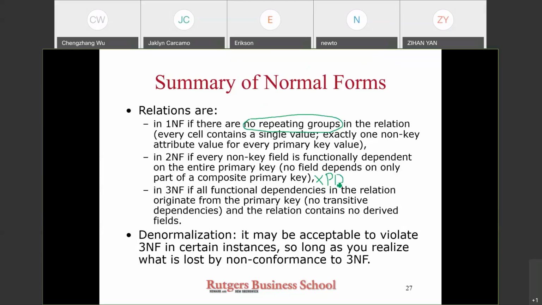And a table is in third normal form if it contains no derived fields, that is, tables without any transitive dependency.